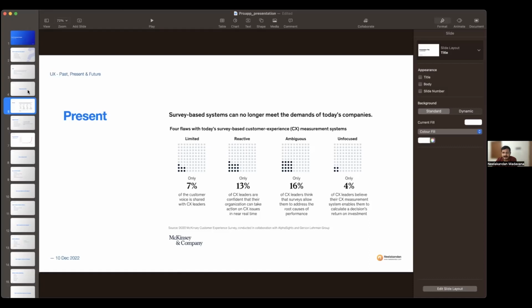You can see the result here: only 7% of the customer voice is shared with the CX leaders. So while using the old survey methods, it is hard to infer the right data to make the customer experience good.